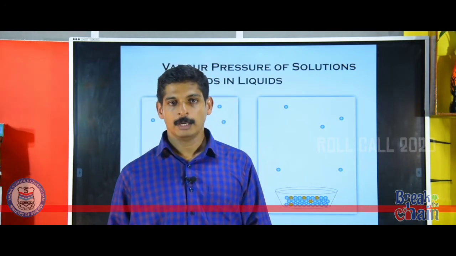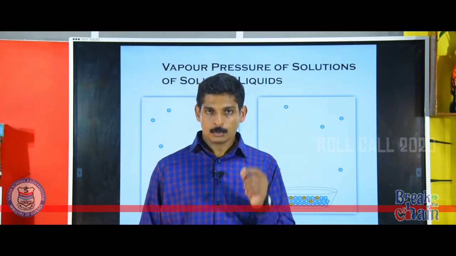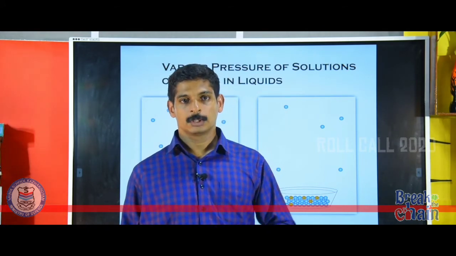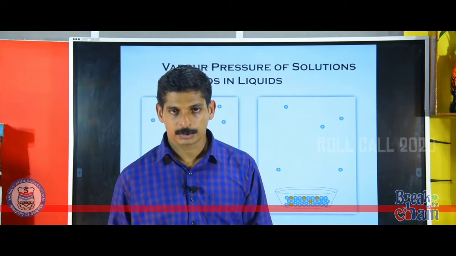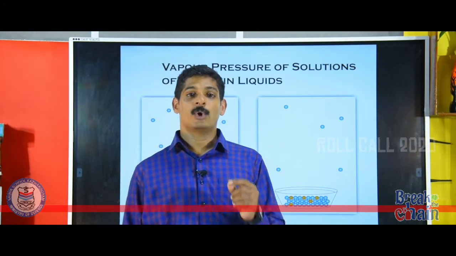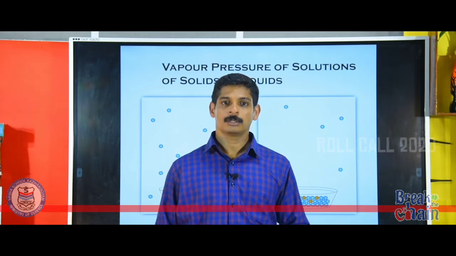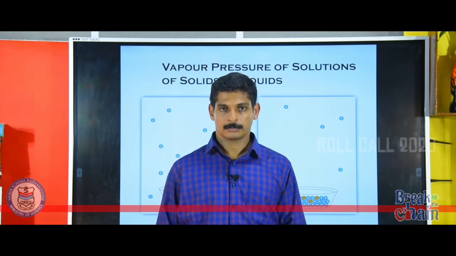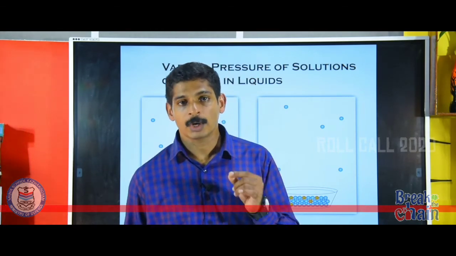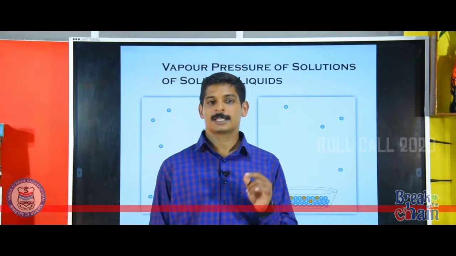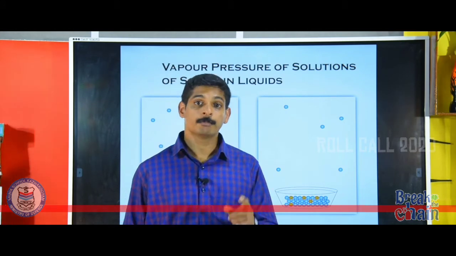Which solute am I going to add? A solid solute. When I add a solid solute, look at the nature of that solid solute. Is it a volatile solid or a non-volatile solid? If it is a non-volatile solute, definitely it will create some impact on the vapor pressure of the liquid. That is what we are going to discuss now.